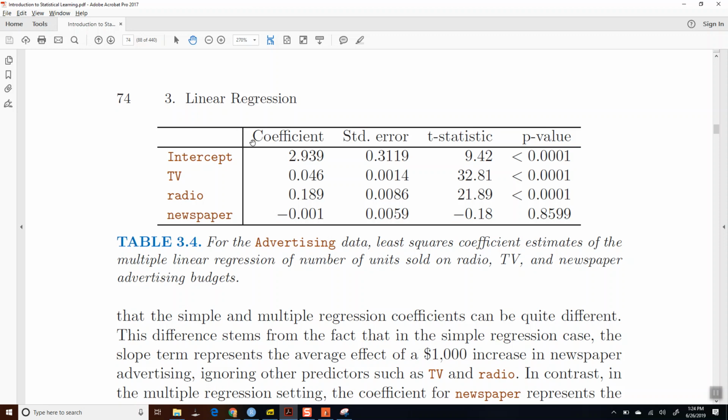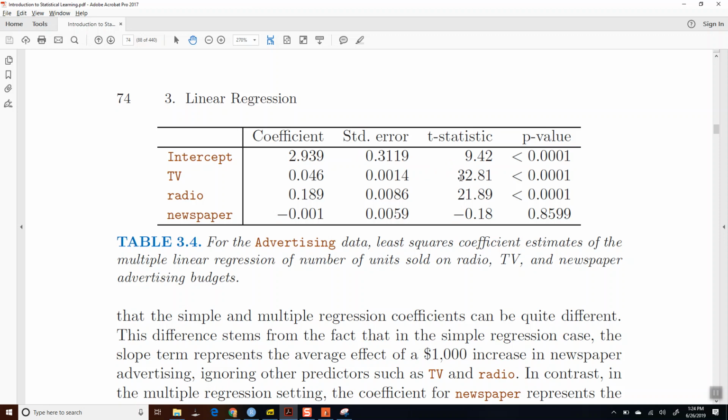And again, every value that we're estimating based on our sample, every statistic, has its own sampling distribution, which means it has a standard deviation and standard error. And we can calculate the test statistic for each of these things.